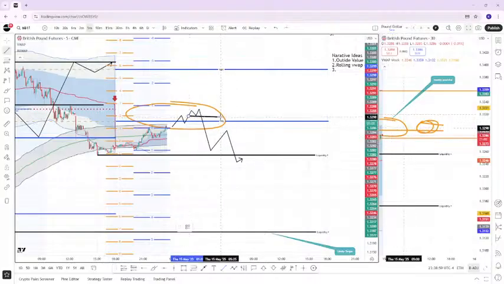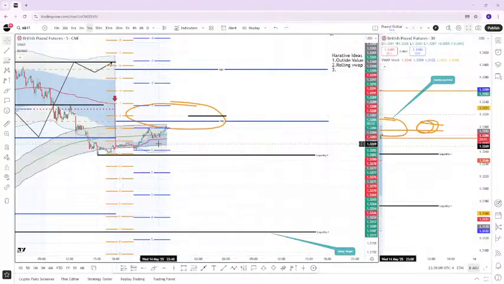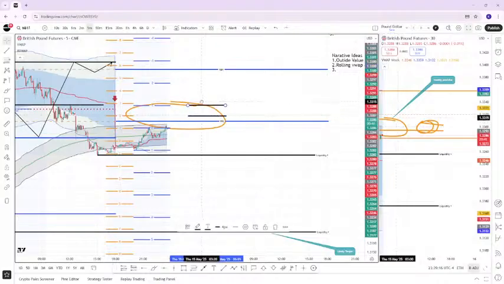So equal 6. Remove this from the chart. Total 6. So this is my likely short area.